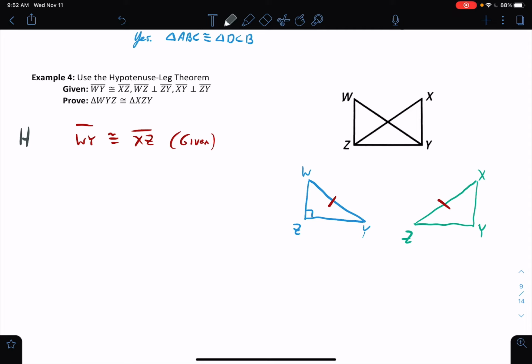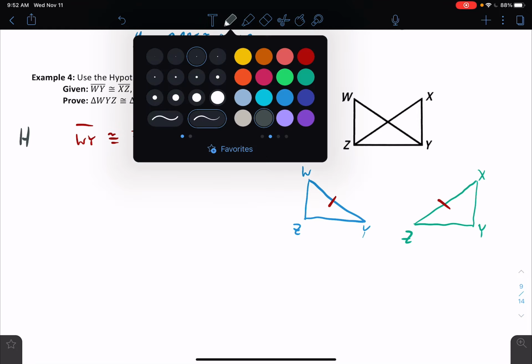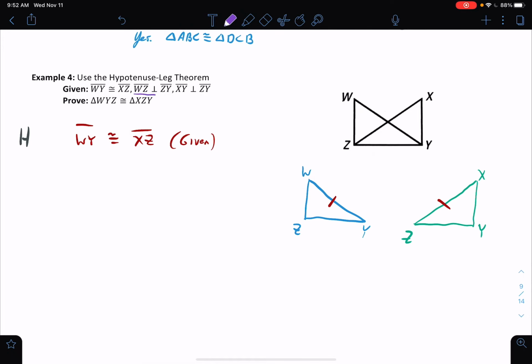All right, because you can see with these other two givens, sorry, I kind of jumped the curb here on this diagram. With these two statements that WZ is perpendicular to ZY and XY perpendicular to ZY, I have two right triangles here. All right, so I am already dealing with right triangles.